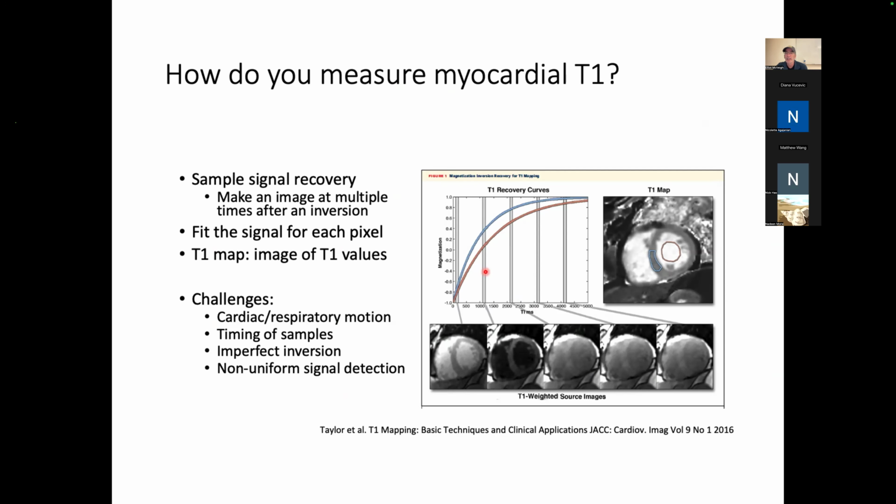Well, if we have a lot of time and the patient can hold their breath and they're basically very stable, we can do it like this. We can apply a 180-degree pulse such that the magnetization starts at -1, and then we image at some time delay after that 180-degree pulse. Here, it's a very short time delay. So when we take the image, because everything has a large magnitude, it looks like this.